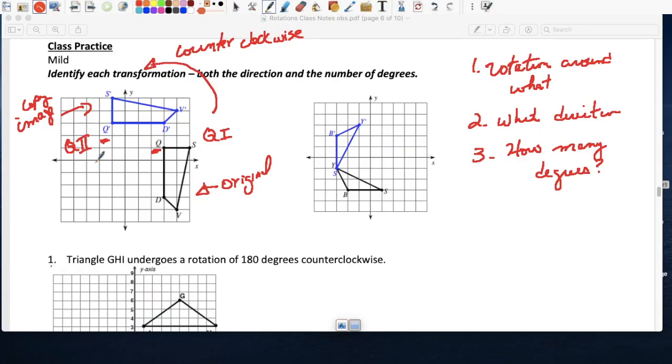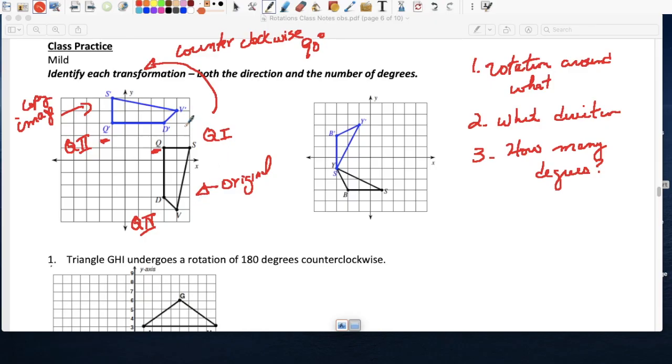So remember, we do rotations in increments of 90 degrees. So point Q traveled one full quadrant. It went from quadrant 1 to quadrant 2. And if it only travels one quadrant, it's a 90-degree rotation. And that is going to apply for everybody else. Look at point S, it is in quadrant 1, and it is now in quadrant 2. It traveled one quadrant. Point D is in quadrant 4, right?